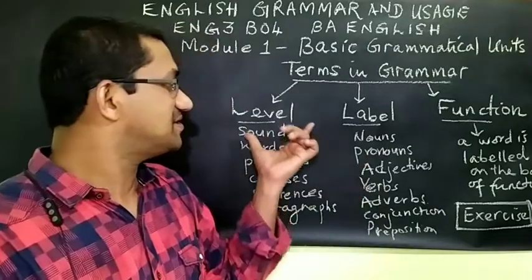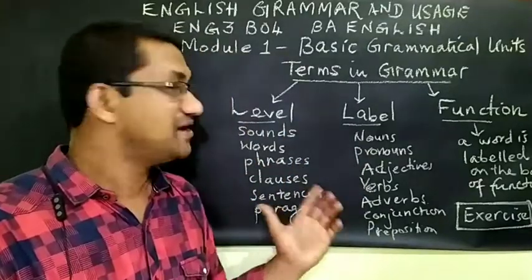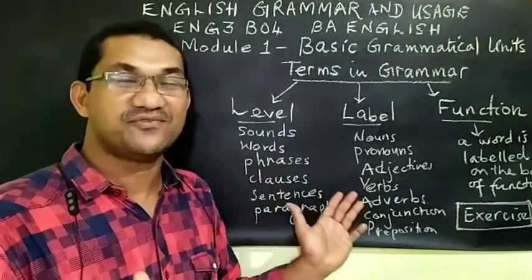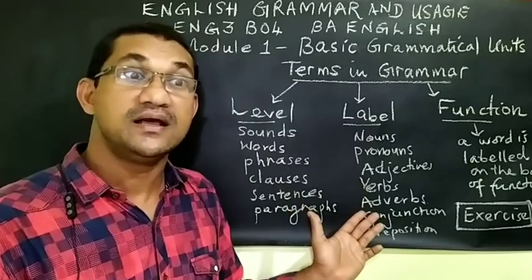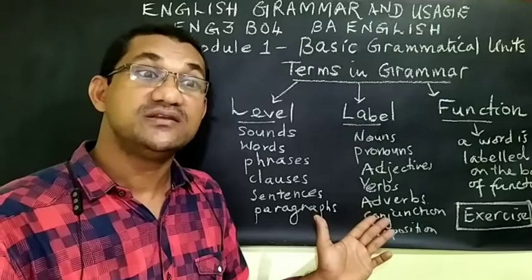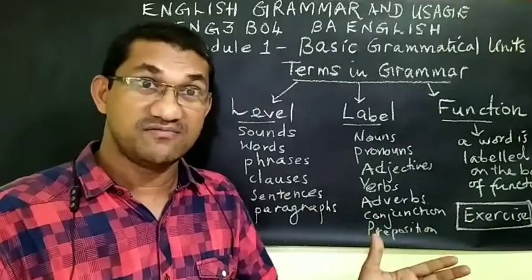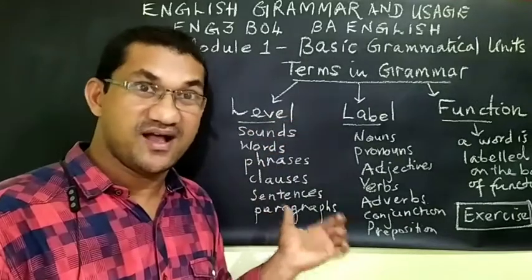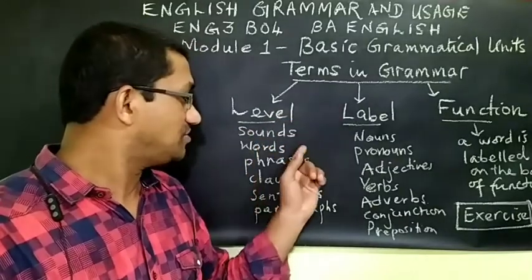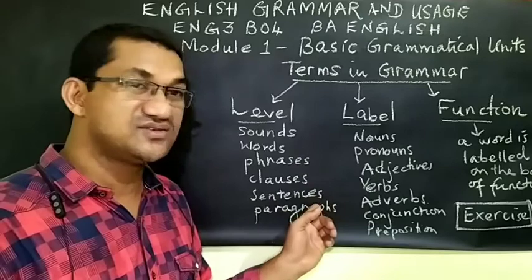This is the important point we have to remember. We have learned different terms in grammar, divided under three categories. Category 1 is level, and under level we have sounds, words, phrases, clauses, sentences and paragraphs.